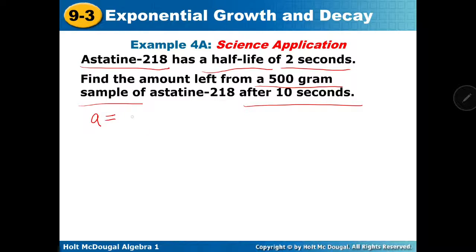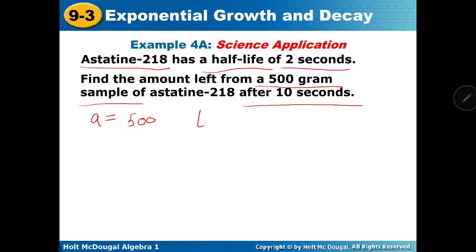A is 500, or we can say it's P, the principal. What is r? 0.5. We say it's constant here, we don't change it in the half-life examples.